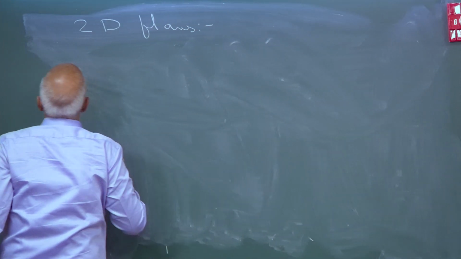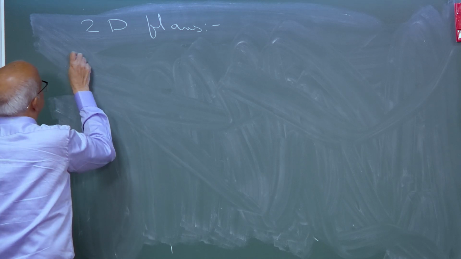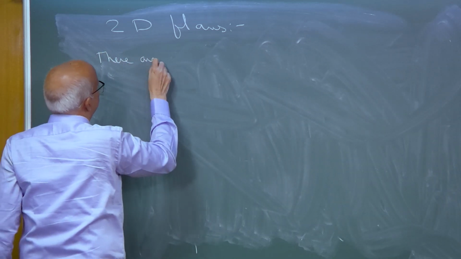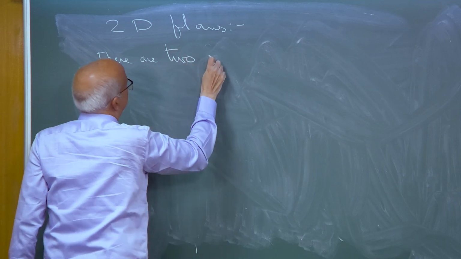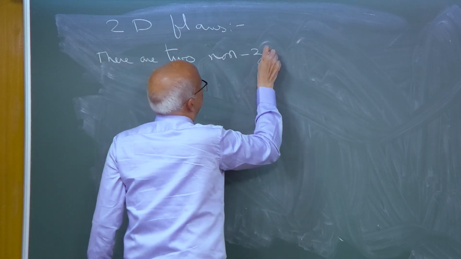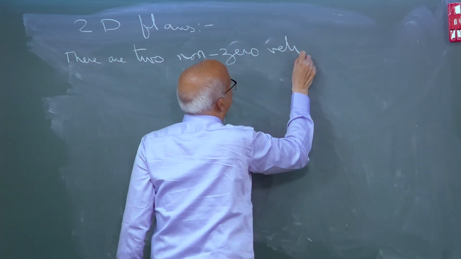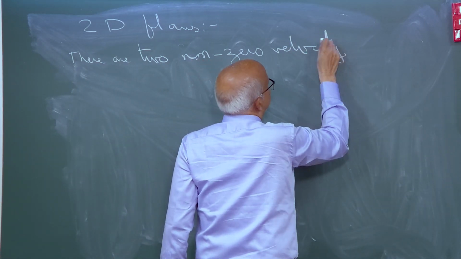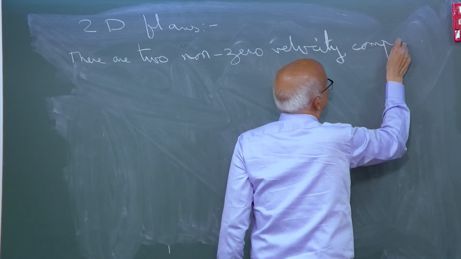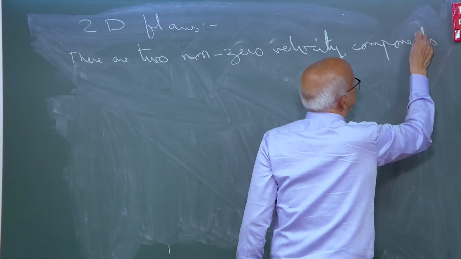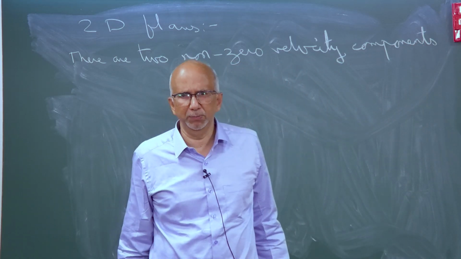Okay. And what do I mean by this? There are 2 non-zero velocity components. That is what I mean.